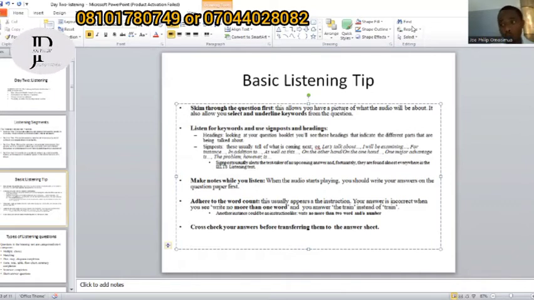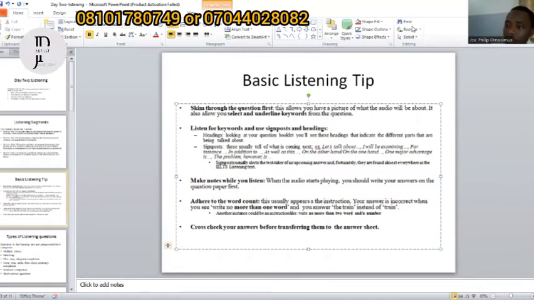They are mostly common. Then what are signposts? Signposts usually tell us what is coming next. Most times in the exams, you'd hear the people discussing in the audio saying something like, can we talk about, let's talk about, or I'll be examining, or for instance, or in addition, or as well as this, or on the other hand, or on the one hand, things like that.